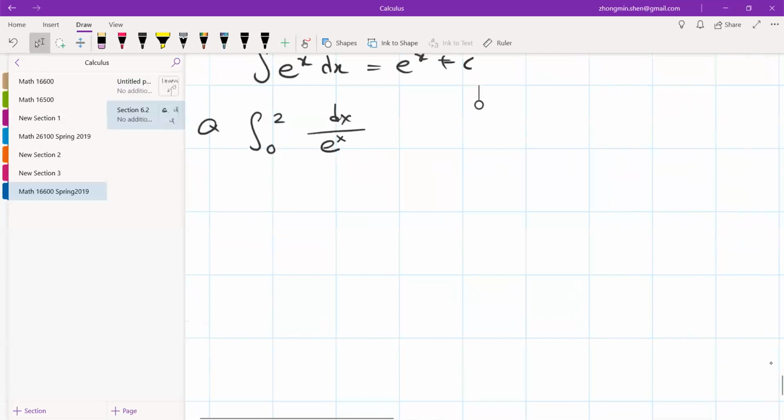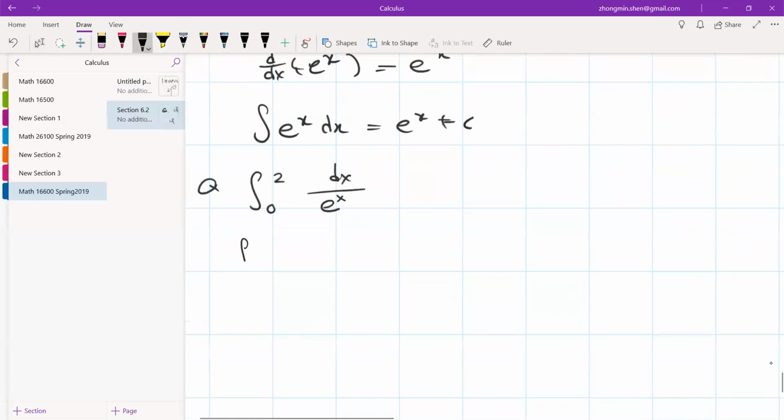The denominator is never 0, so don't worry about it. How can I evaluate this integral? Well, you have to define it as an indefinite integral. This is going to be written in the form e to the negative x dx.